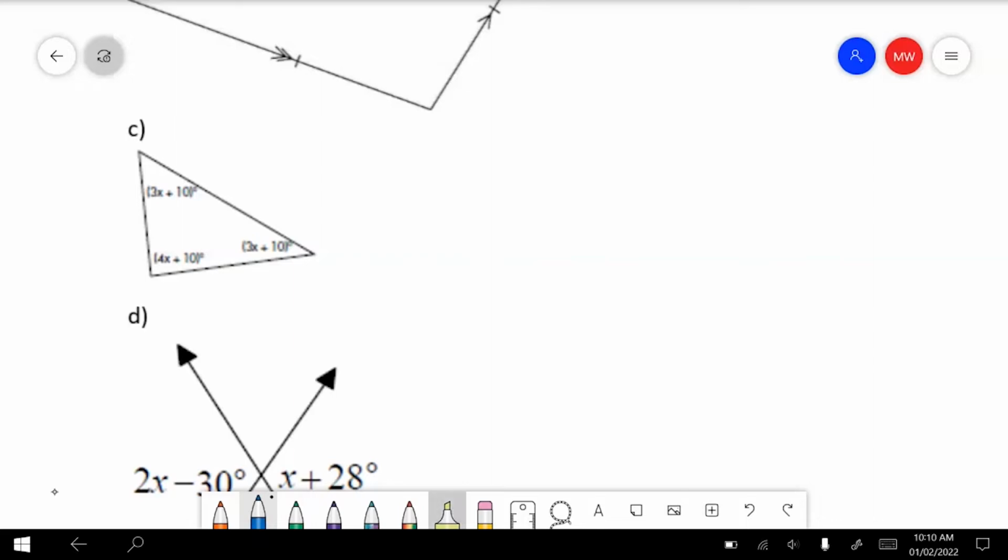If I think about it, I know that this angle plus this angle plus this angle is going to give me 180 degrees. And so I'm literally going to write that. I can see that I've got two 3x plus 10s here. So I'm going to say, right, I've got two angles that are 3x plus 10, and I've got another angle which is 4x plus 10.